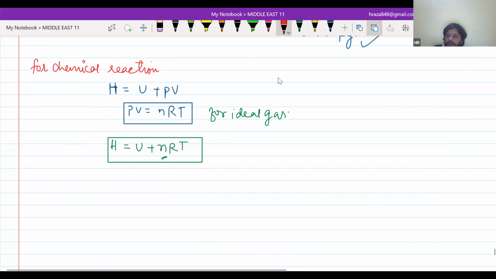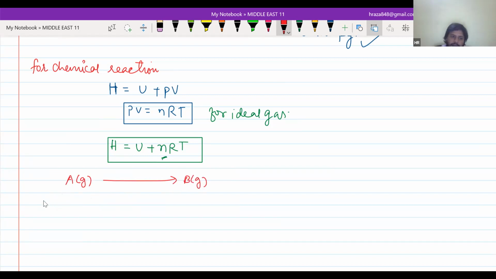The derivation is just for your concept. It will be very good to have the derivation. Just see here. A is a gas which is converting into B, gaseous state.